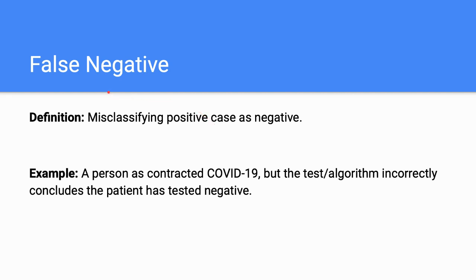Now, what is false negative? Which is the last part. As you might have guessed, it is nothing but misclassifying a positive case as a negative. That is, misclassifying a person who has COVID-19, but the test or algorithm incorrectly concludes that the patient has tested negative.